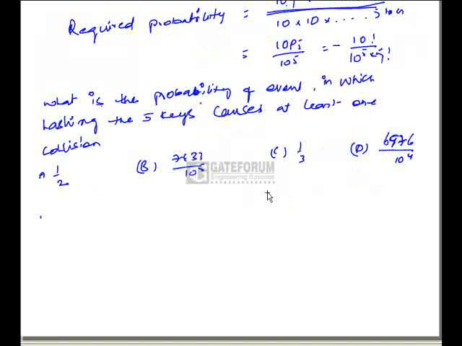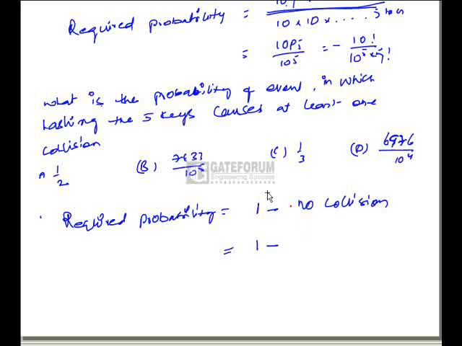In the second question, we have to find the probability of the event in which there will be at least one collision. So the required probability would be 1 minus no collision.